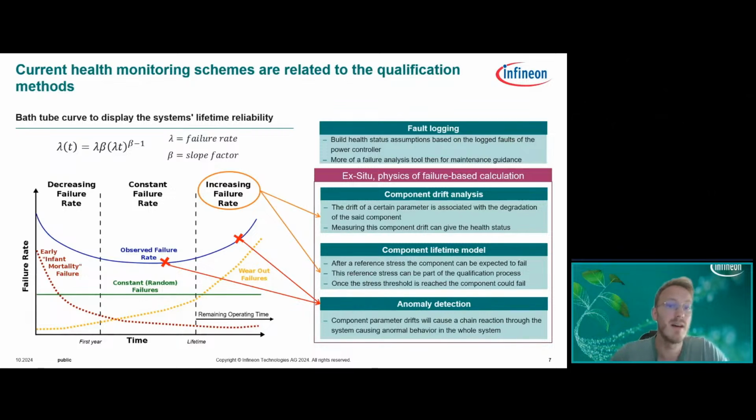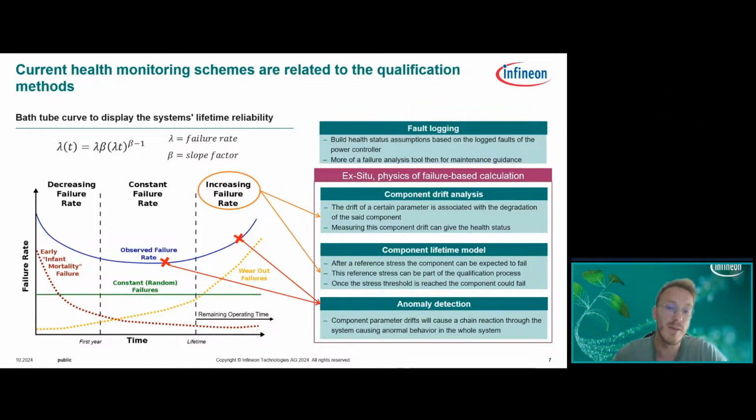Those methods are usually done ex situ. So, meaning that in an external entity, a computation of those parameters is done for the power supply itself. So, for example, with anomaly detection, a lot of data is streamed to a cloud, and then the computation is done on the cloud.